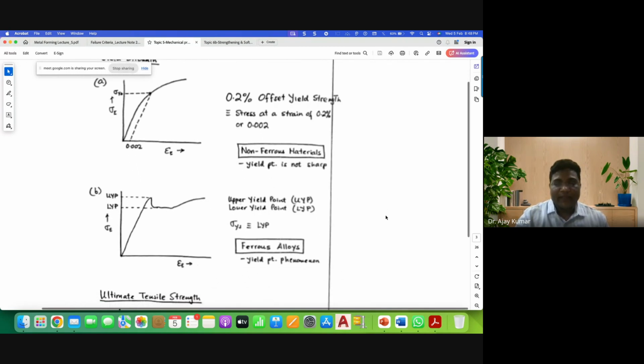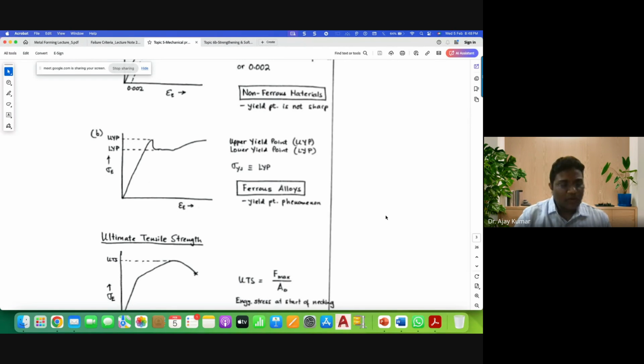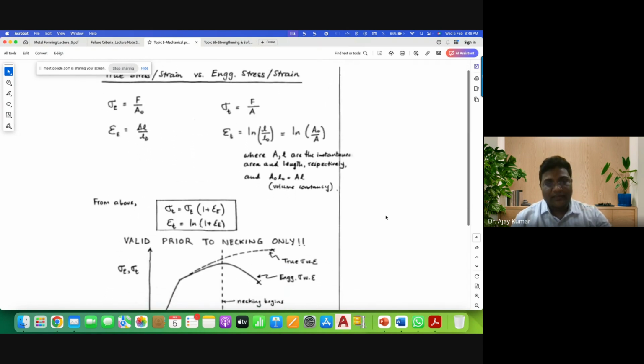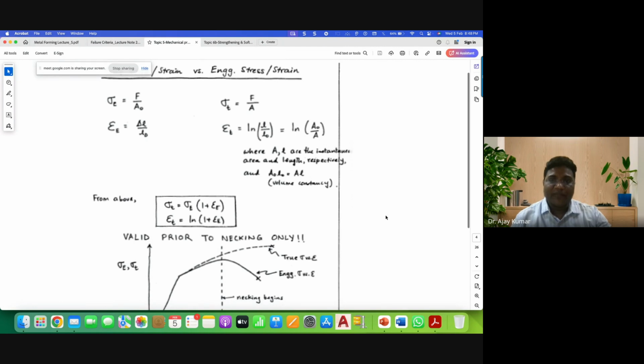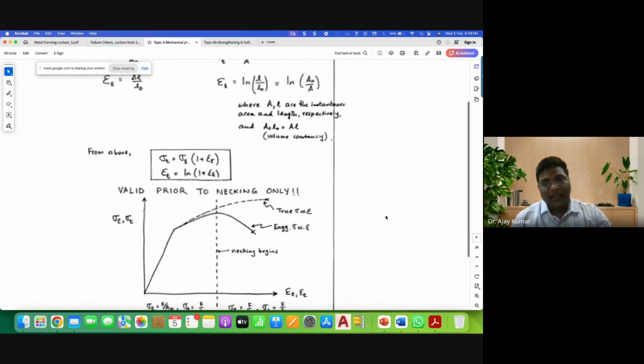And then I mentioned the yield point, upper yield point and lower yield point. It is basically the interaction of dislocations and the alloying elements, and you can only see this behavior in ferrous alloys. Then I explained the relationship between engineering stress and true stress, and necking.